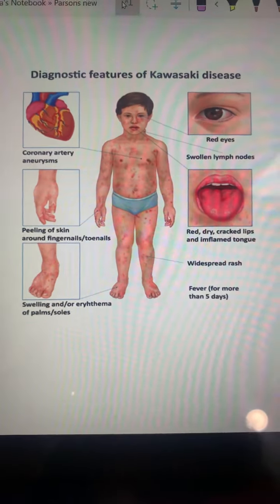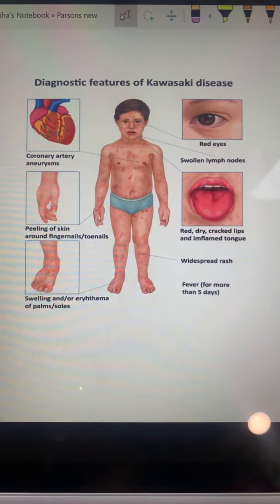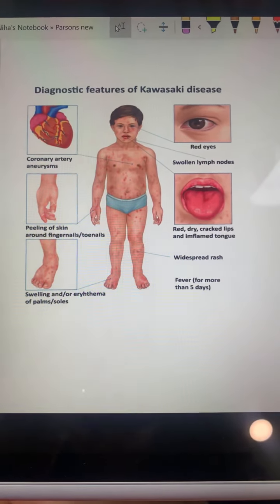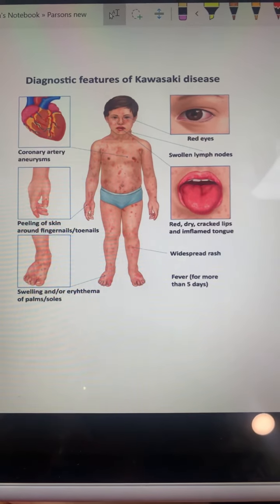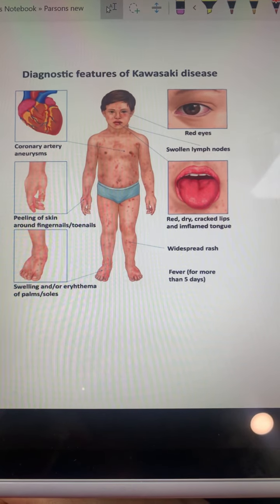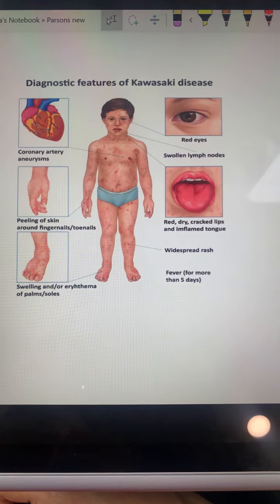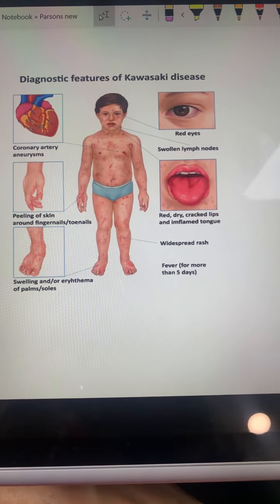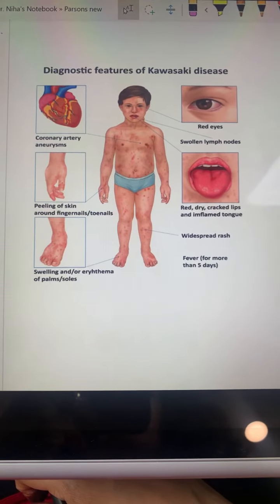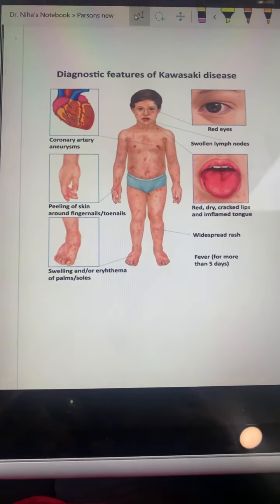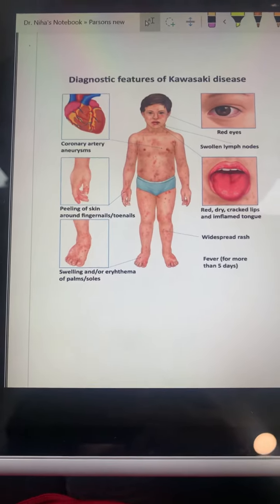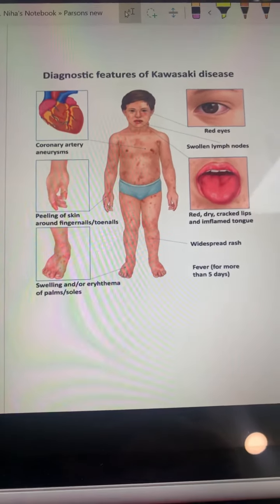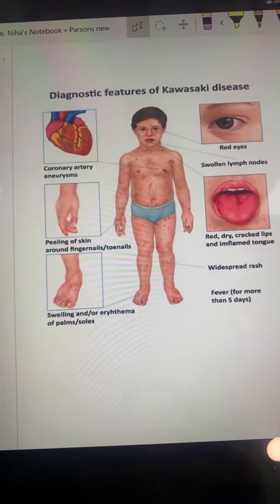In Kawasaki disease, the patients can also manifest with active chorioretinitis. We have involvement of the heart, skin, as well as mucous membranes.